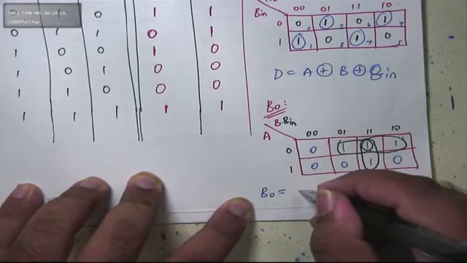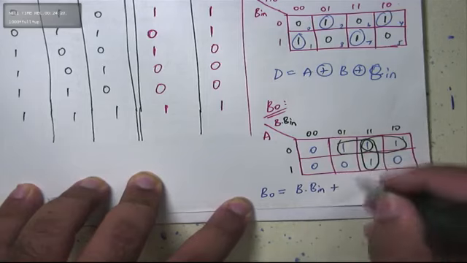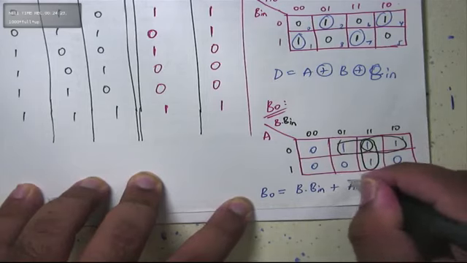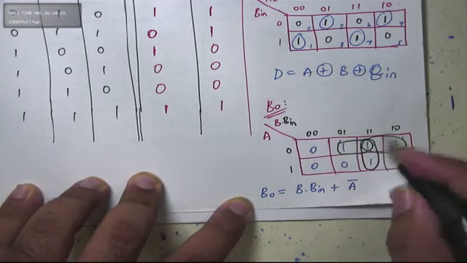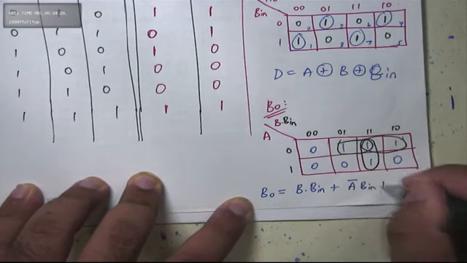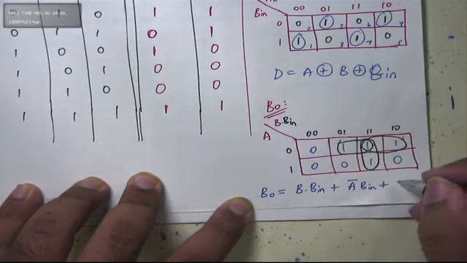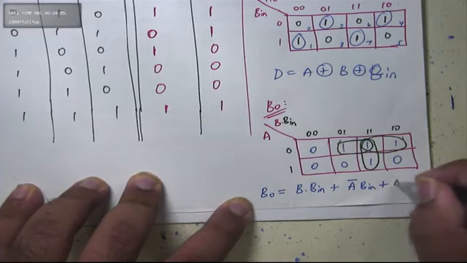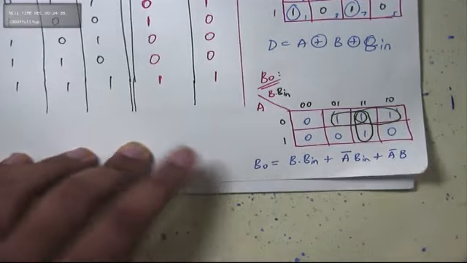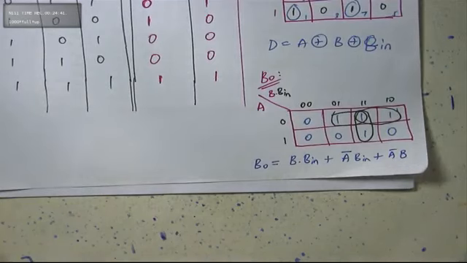There will be B in, or A bar B in, or A bar B. Now, this is where it comes in, guys. You can see that clearly? Is that all right? Okay.